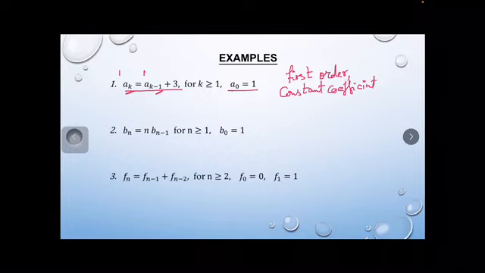Next, is this homogeneous or non-homogeneous? Our recurrence part is a_{k-1} + 3, so this is non-homogeneous, because here fk is not equal to 0. What is your fk here?